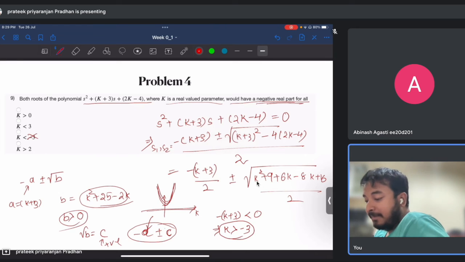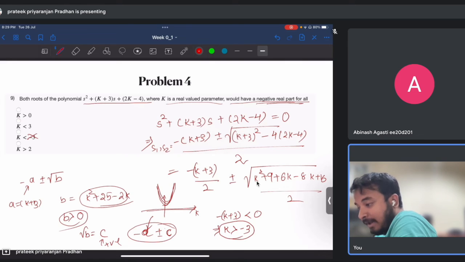So another condition for the value of k we can get is that a needs to be greater than c. That means a square needs to be greater than c square, which is b.